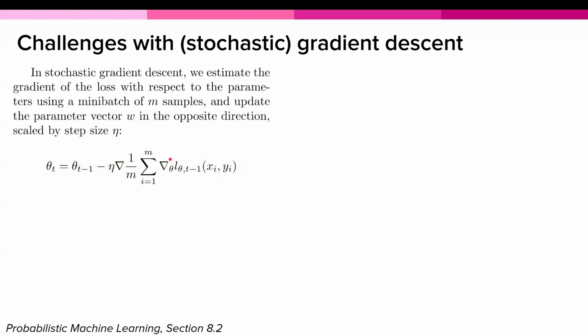In the context of stochastic gradient descent, we don't calculate the gradient over the entire data set, but rather over a mini batch of m samples. This approach could add some noise in the gradient estimates, which could be beneficial in avoiding local minima, but could also lead to challenges in convergence.